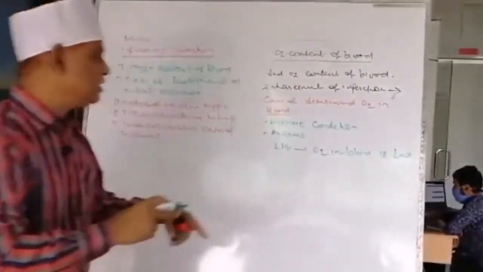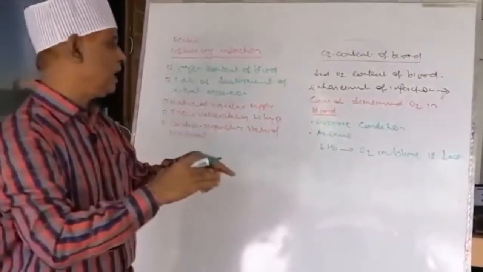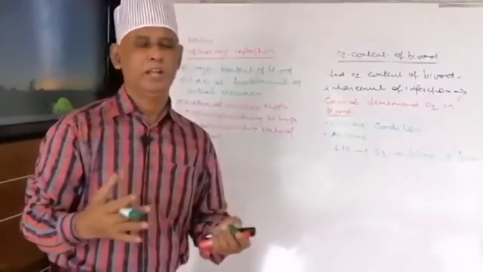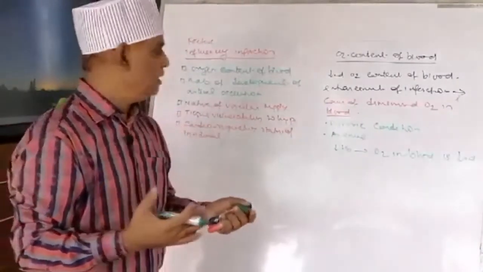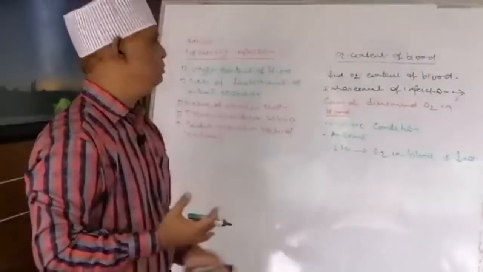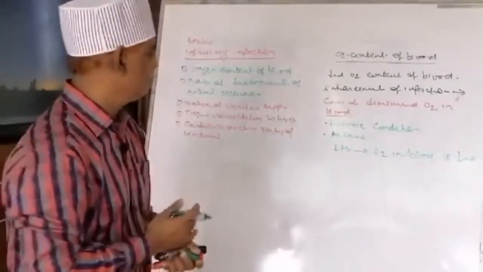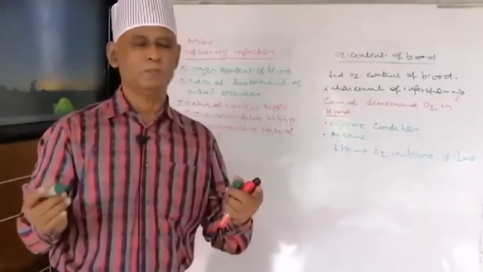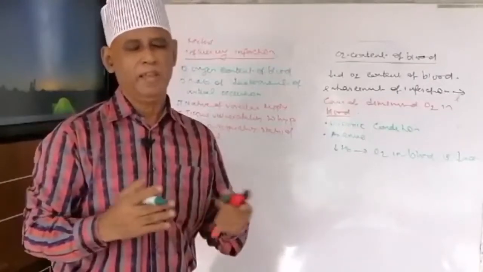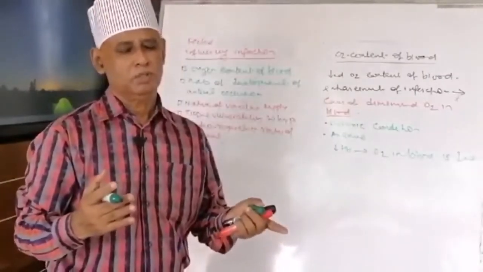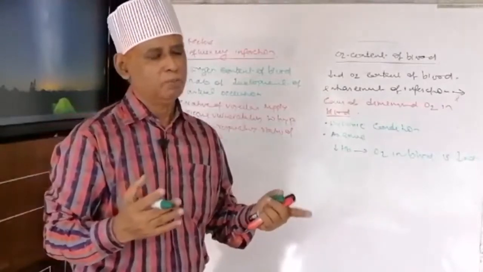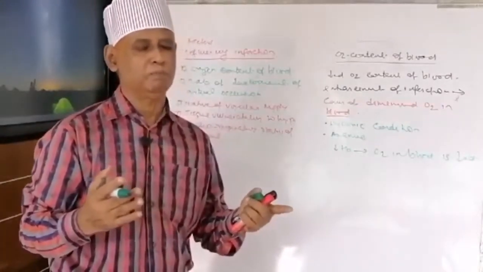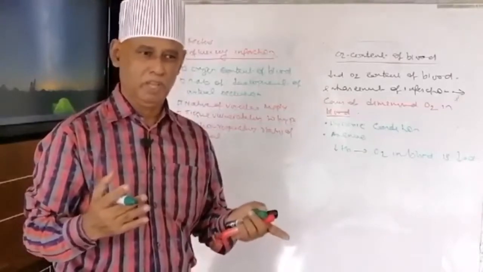As oxygen in blood is diminished, cells and tissues get minimum oxygen, and minimum oxygen is associated with enhancement of infarction. So if anybody suffers from anemia, and if there is a chance of myocardial infarction, the enhancement of myocardial infarction occurs in patients suffering from anemia.